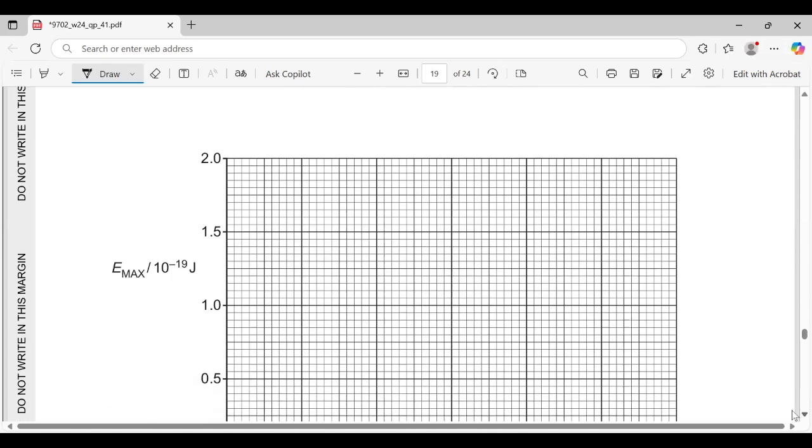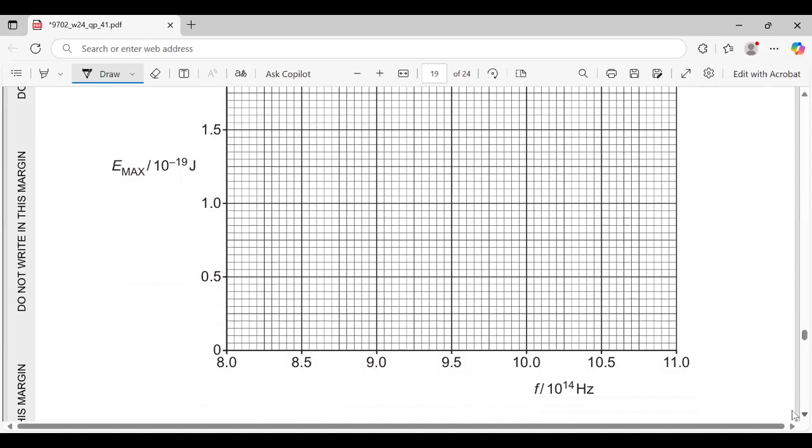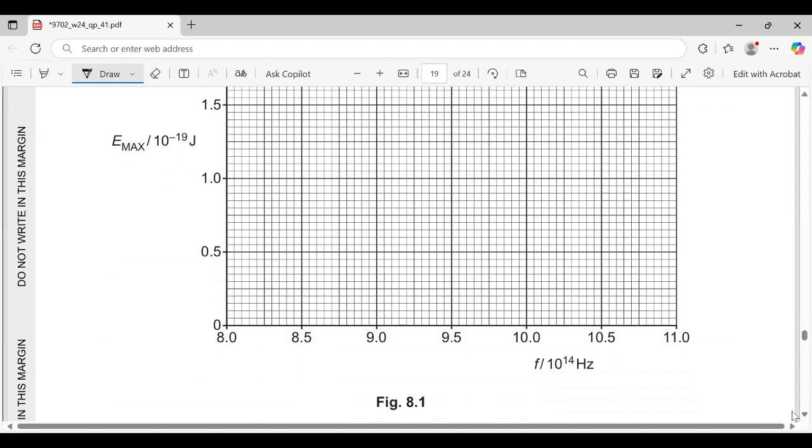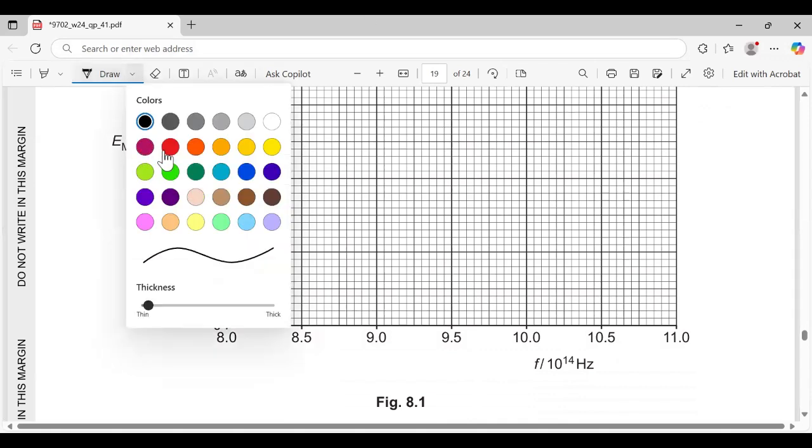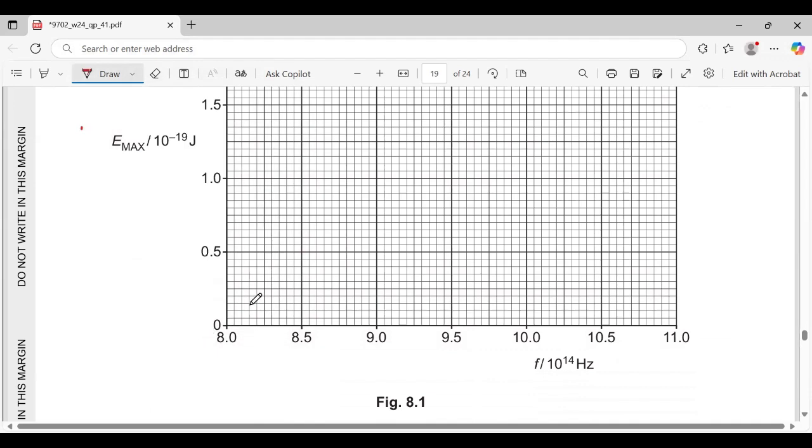Okay, so I will sketch first the straight line, using a different color, from the origin to 8.8.